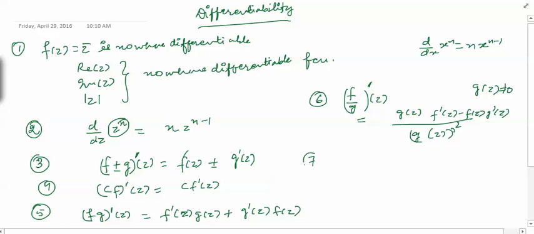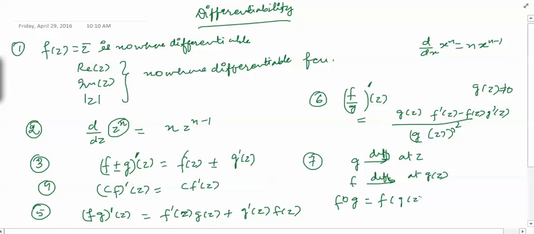And then we have differentiability of the composition of functions. Suppose we have a function g which is differentiable at z, and f which is differentiable at g of z, then f of g of z is differentiable at z, and we have the chain rule.